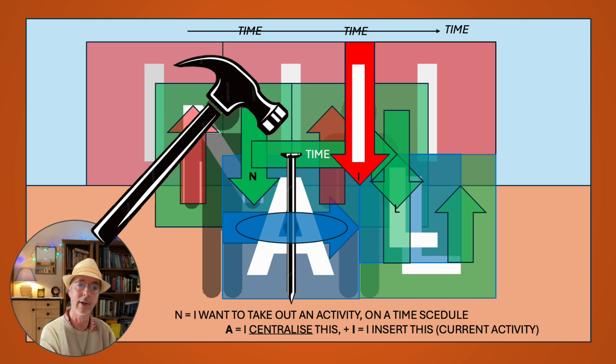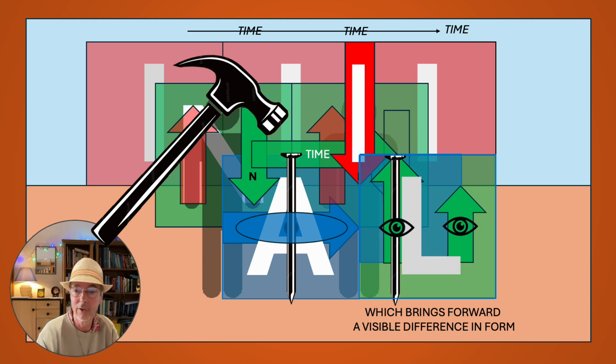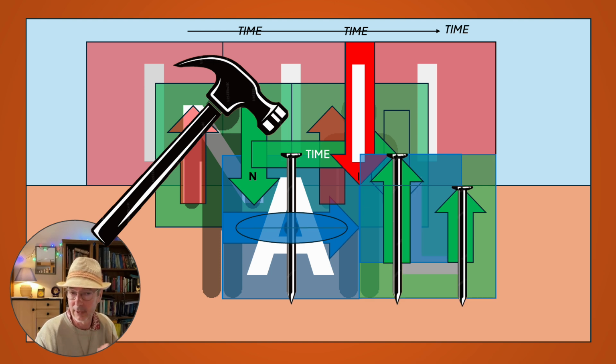And then when you have that activity in the time schedule centralized and inserted, you will also notice it will make a change, it will make a visible difference in the form. So that's how the nail is used.